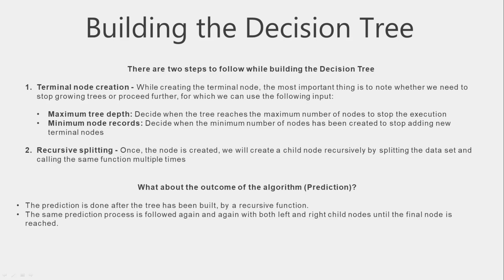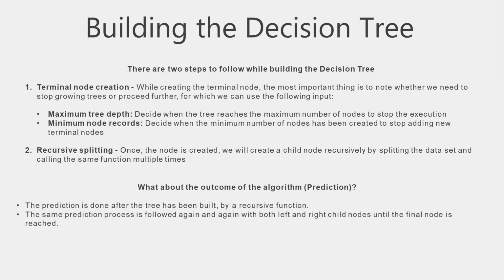And there are two steps to follow while building the decision tree. First, creation of the terminal node, and then the recursive splitting. While creating the terminal node, the most important thing is to note whether we need to stop growing the tree or proceed further into building it, for which we can use the following inputs.